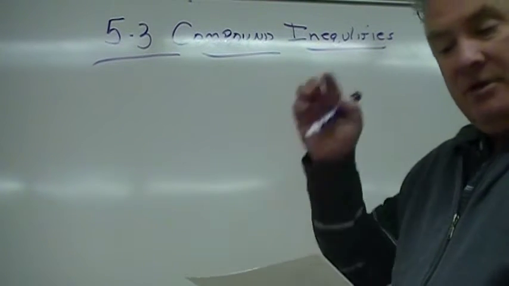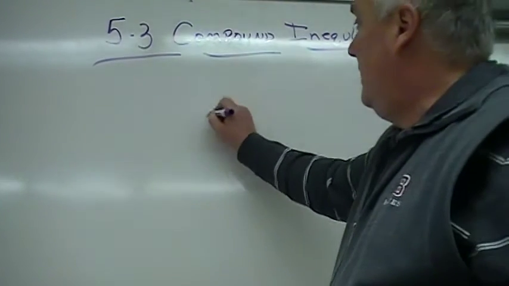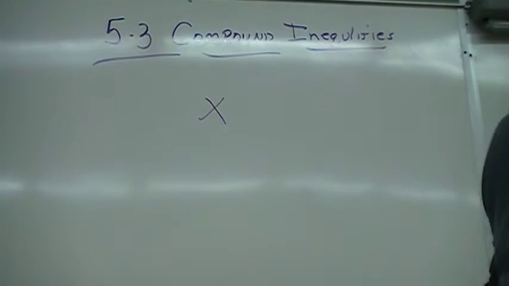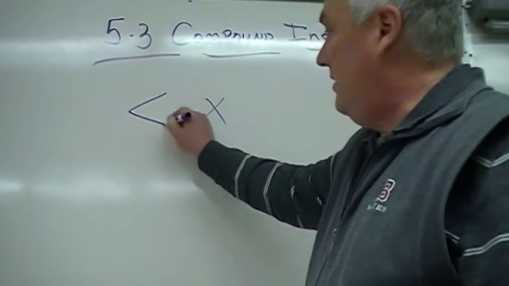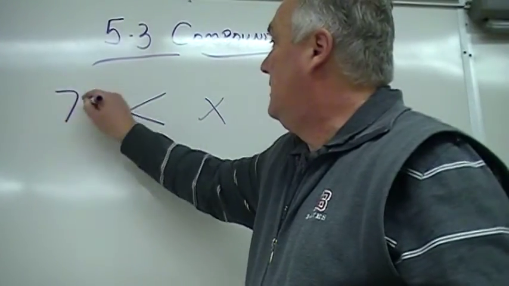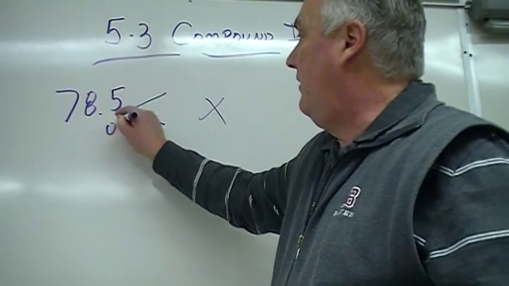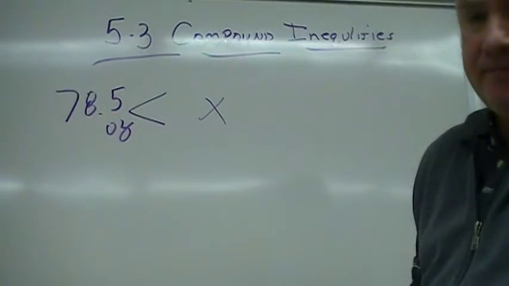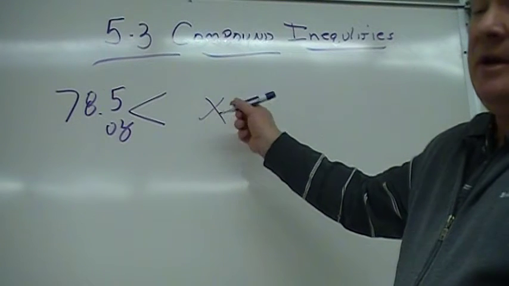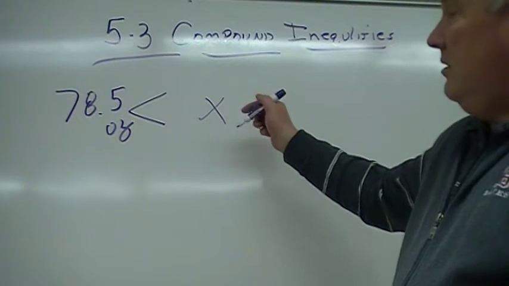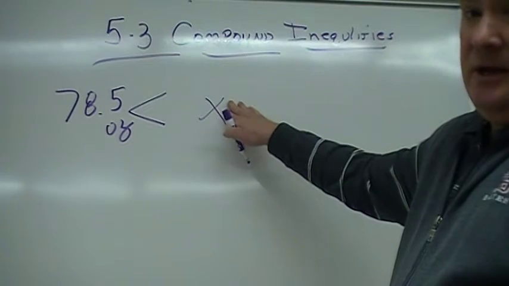Okay? And how it's going to work is this. Here's the weight, there's x that we're saying. And we're saying that x can be greater than 78.5 ounces. Remember, sometimes we put the x over on this side in a compound inequality, so that's why I've put it here.